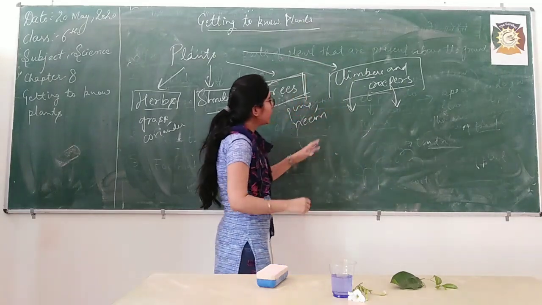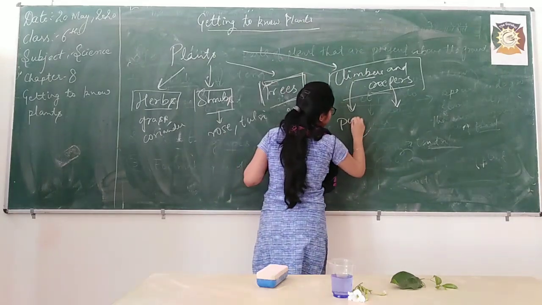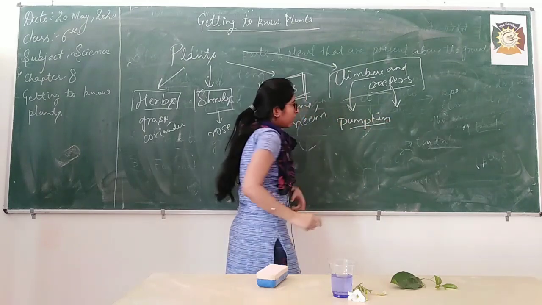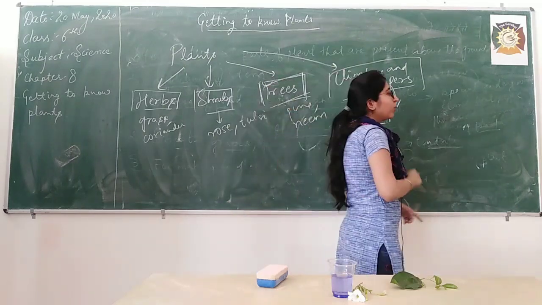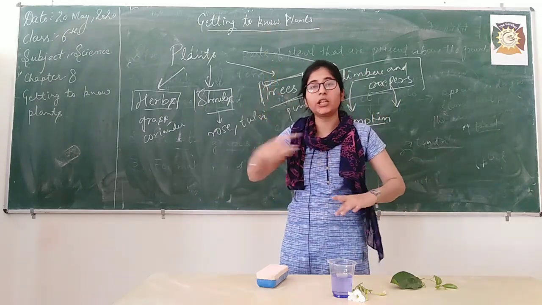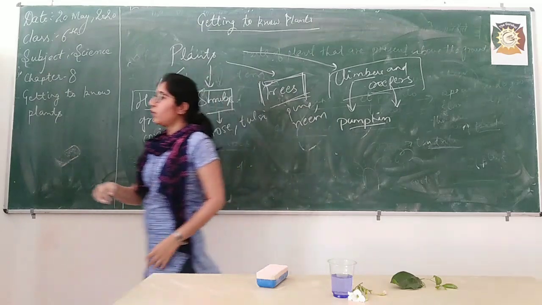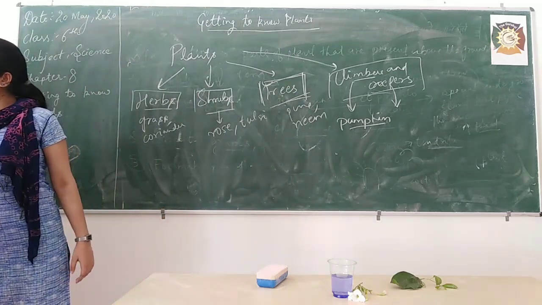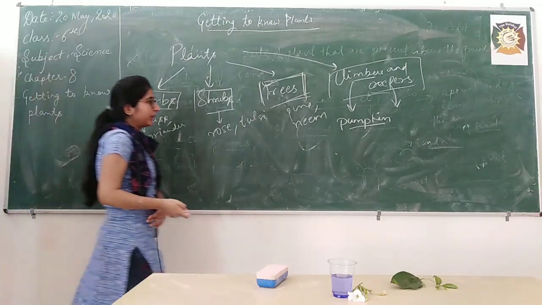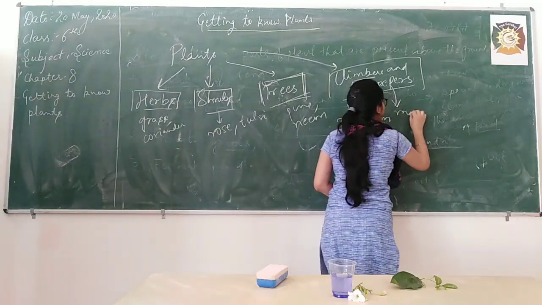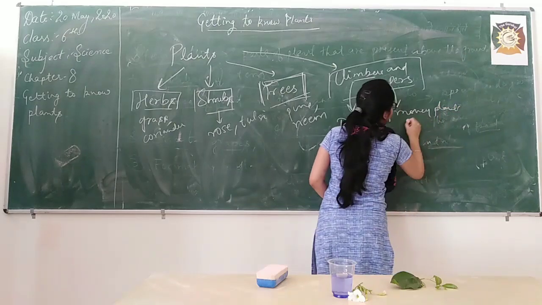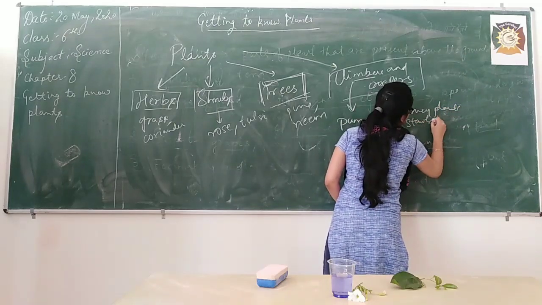Number one example is pumpkin. And creepers are those which creep, they don't climb, they just creep around the ground. So what are the examples of creepers? These are money plant and strawberry, right? Money plant and strawberry plant.